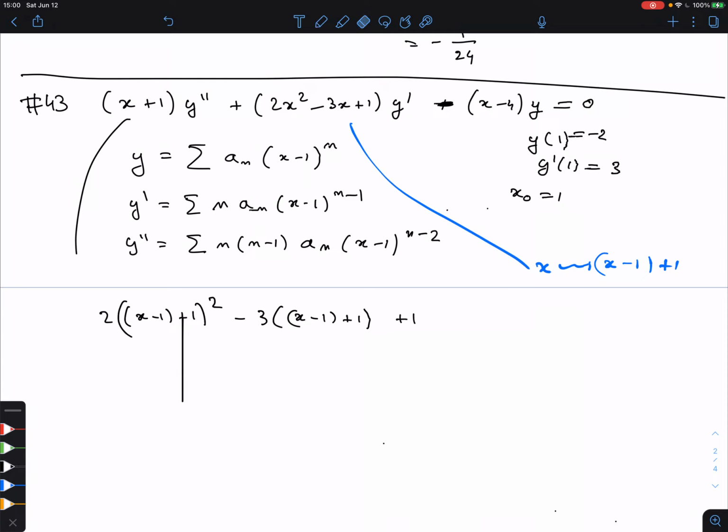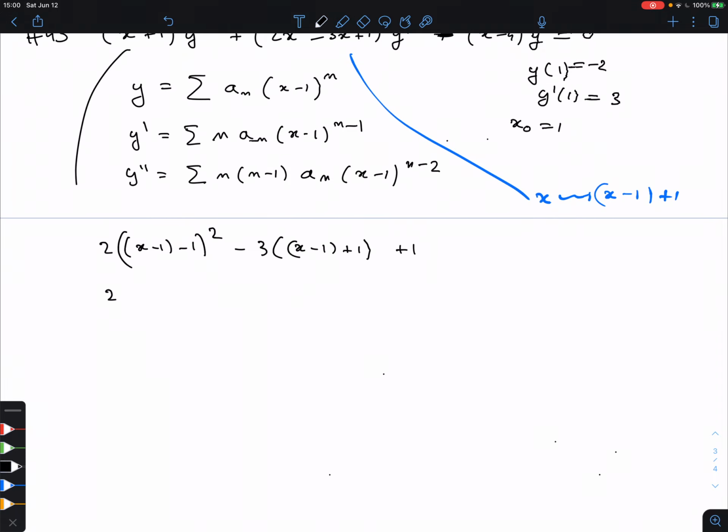Okay, and now expand, but always keep the x minus 1s together. So that's 2 times (x minus 1) squared minus 4 times (x minus 1) plus 2, minus 3 times (x minus 1), minus 3, plus 1.